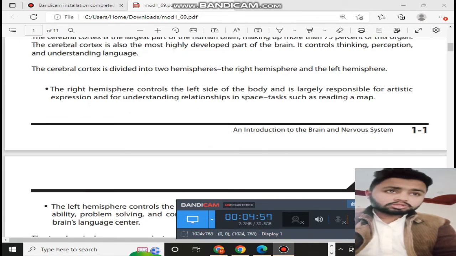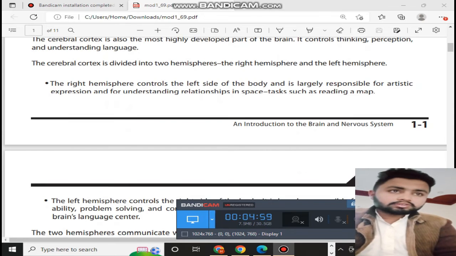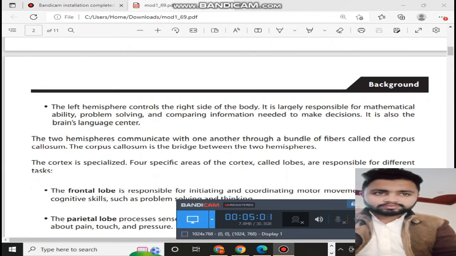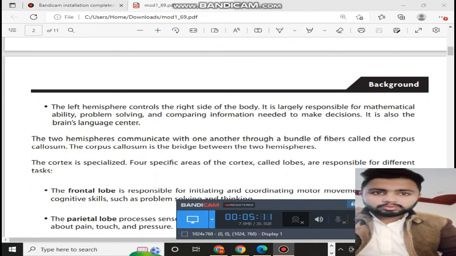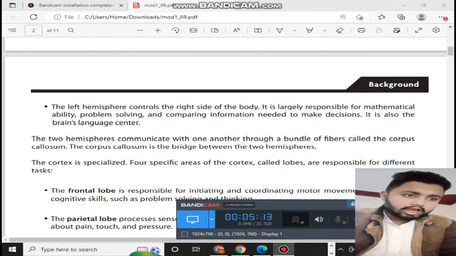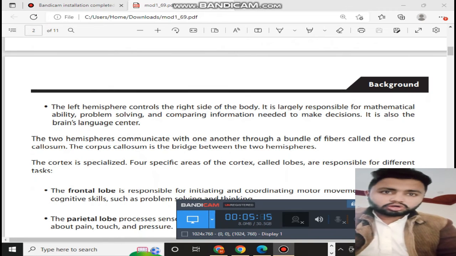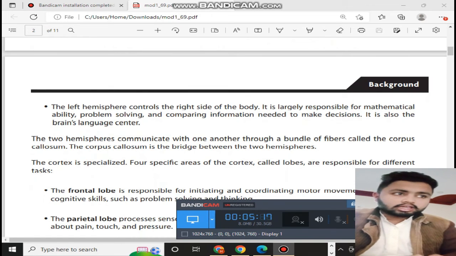The first one is the right hemisphere, the second one is the left hemisphere. We also find a new definition of the corpus callosum. At last, our point is what the corpus callosum is, and I can tell you about it in detail.